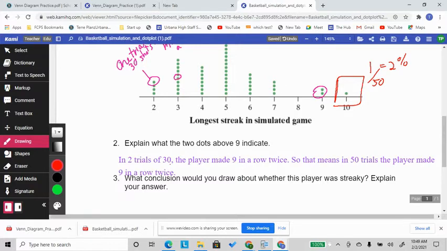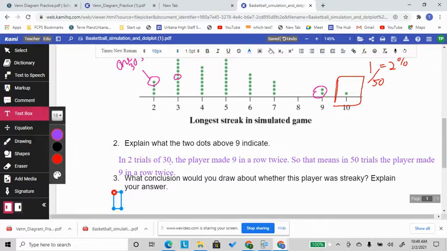of the time. So let me write the conclusion sentence for this, and then see if you can figure out what I'm saying.